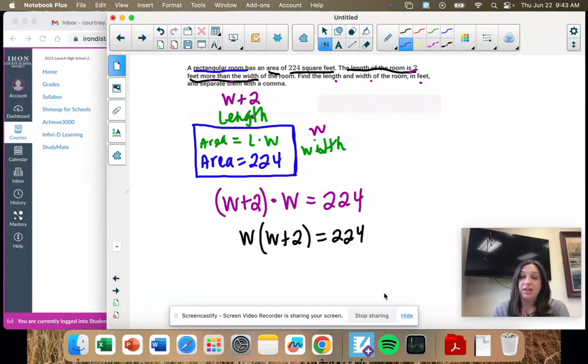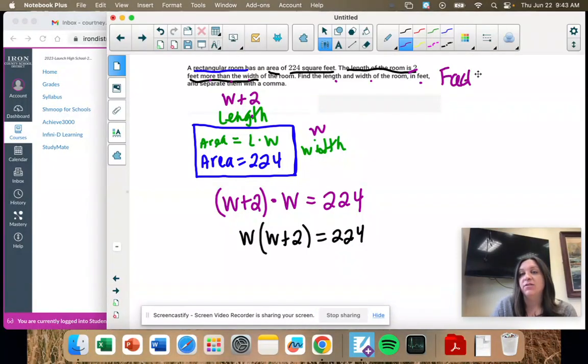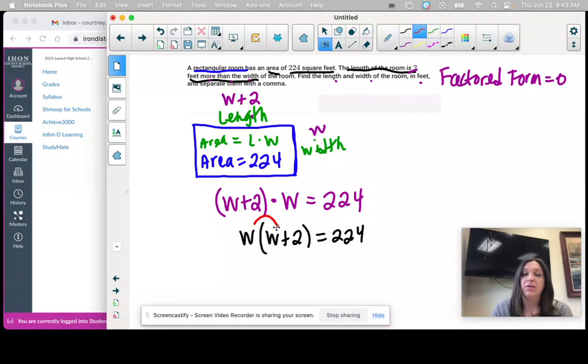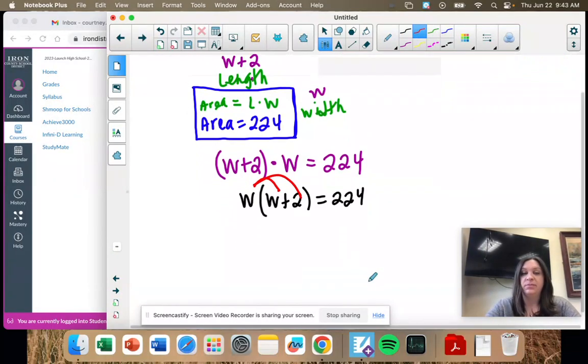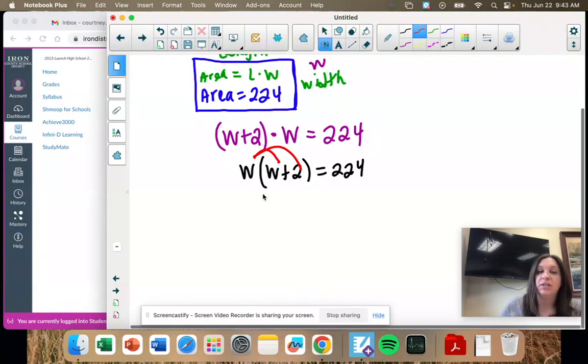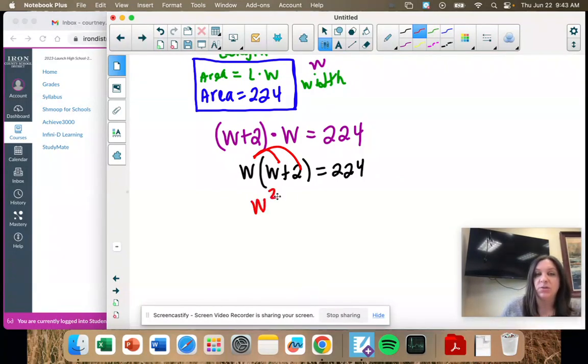Now you might be thinking, yay, it's in factored form. It equals 224. So factored form, when we solve, has to equal 0. This does not equal 0. So we have to multiply it out and solve. So W times W is W squared.